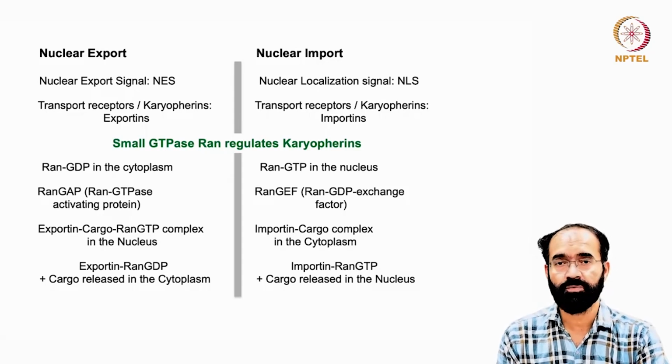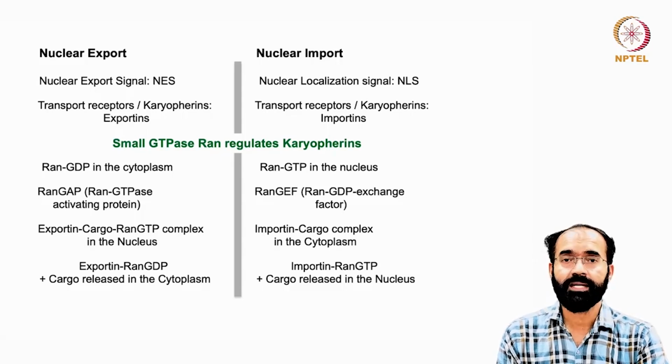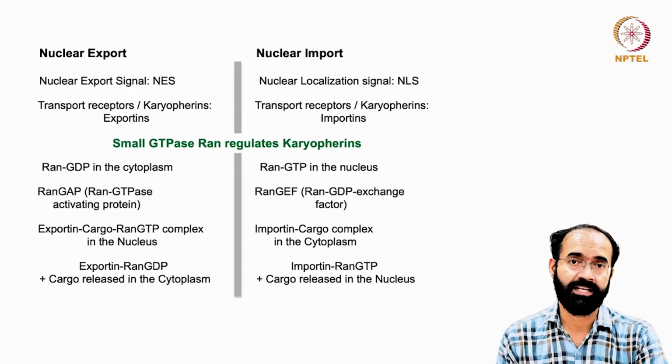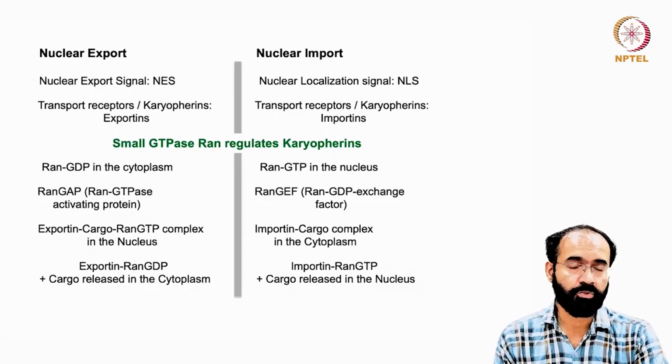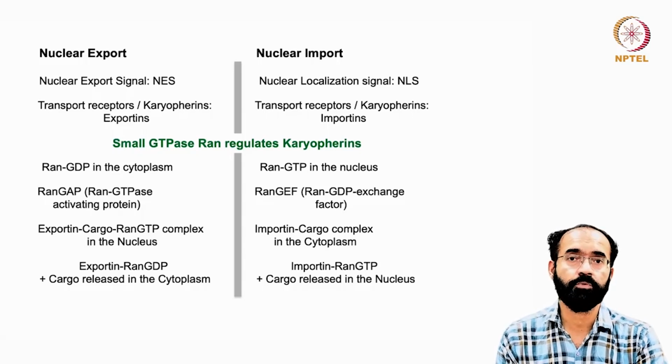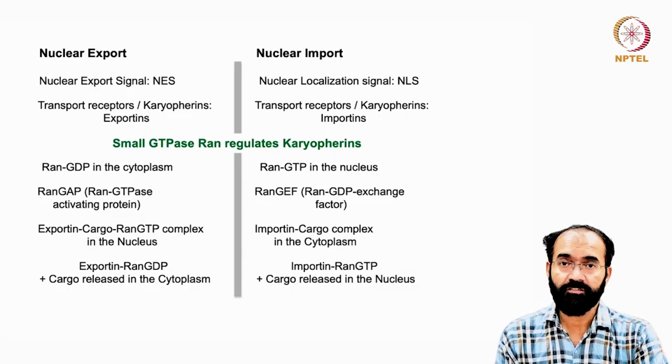Every RNA is not of uniform size. Based on the size of the RNA, they have to be held together by various factors in the nuclear pore complex. Accordingly, the nuclear export signal also will vary. So you should have the same idea. There is nothing specific, like a sticker you put on an RNA that indicates it's an export signal. No. Every RNA will have a different set of export signals.